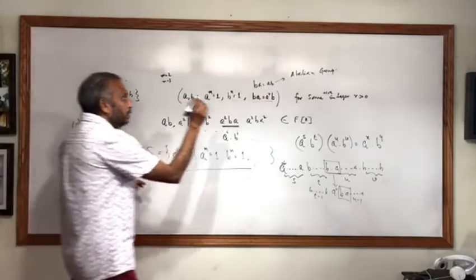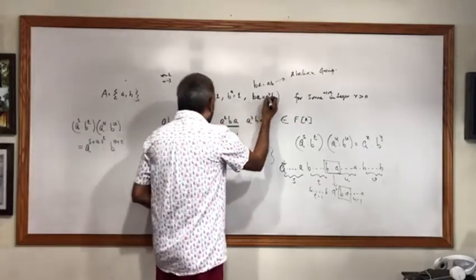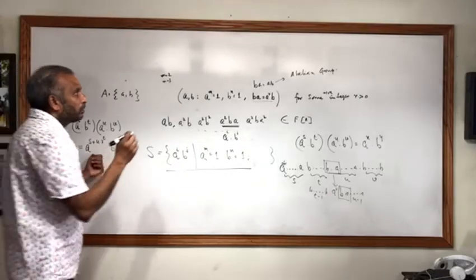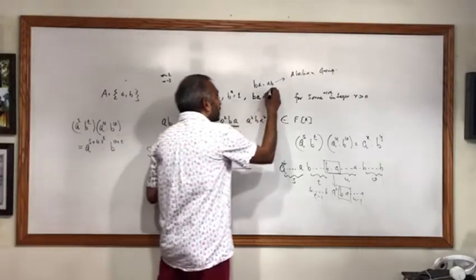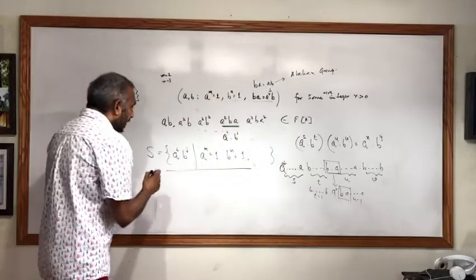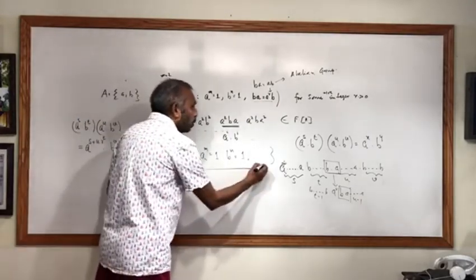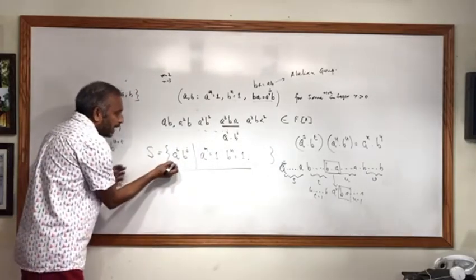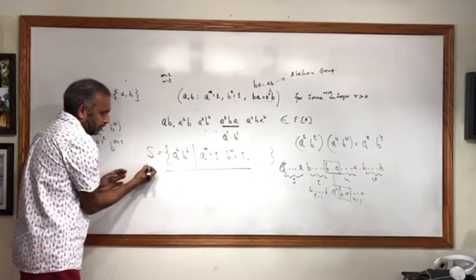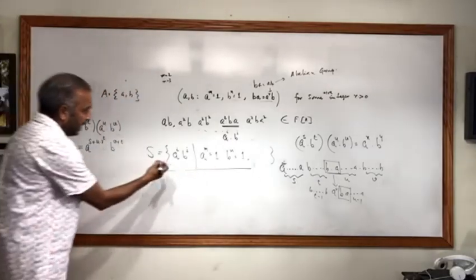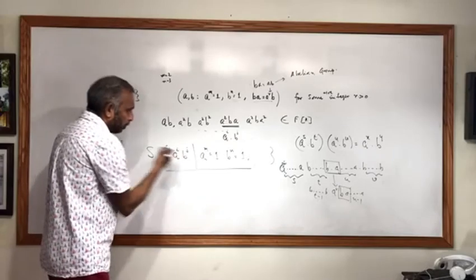You see, for all r, it won't be true. So we are trying to find a condition on r such that this could be a group with elements arranged with a as the first component and b as the second component, like this: a^i b^j.